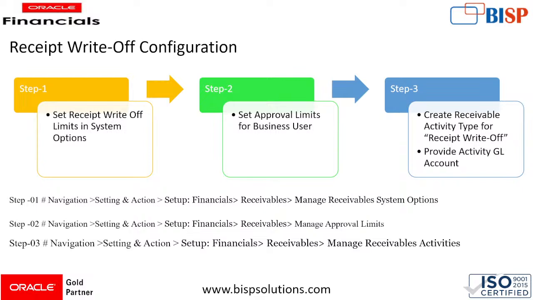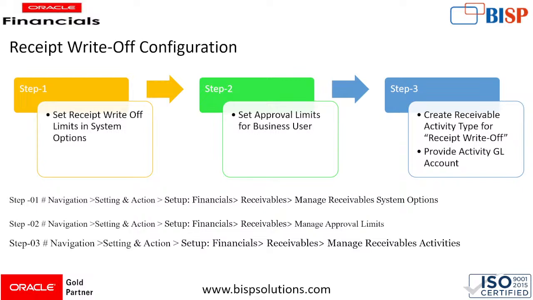These setups are related to receipt write-off and receivable activity. Set up an account under the receivable activity write-off to credit the receipt write-off amount. You can set up the write-off account when defining your receivable activity.